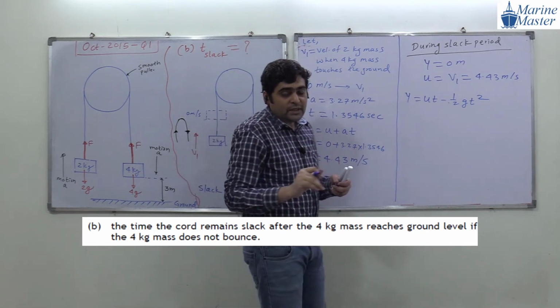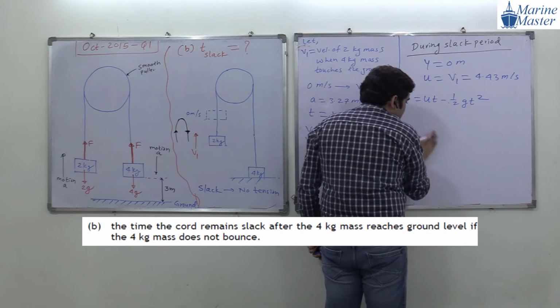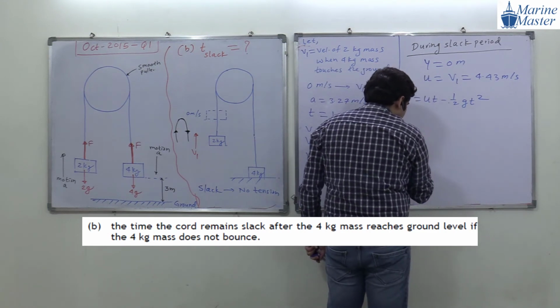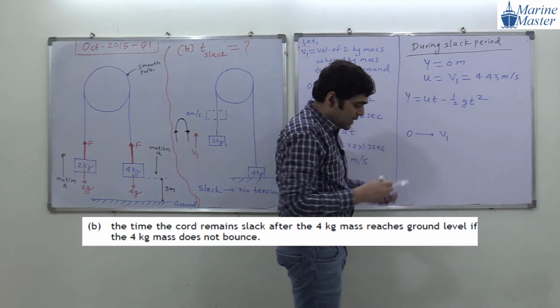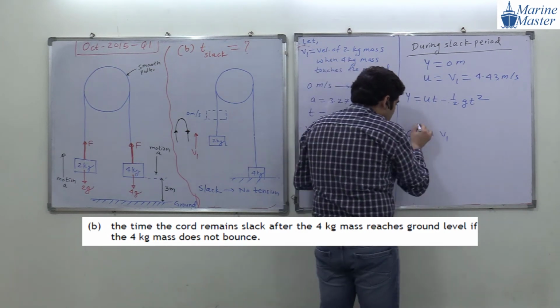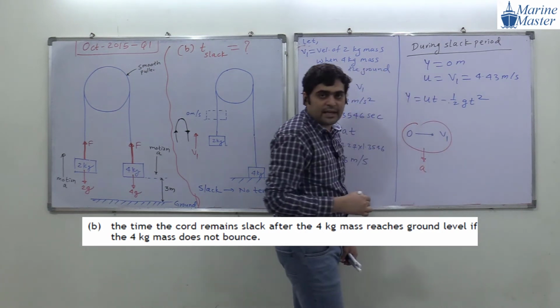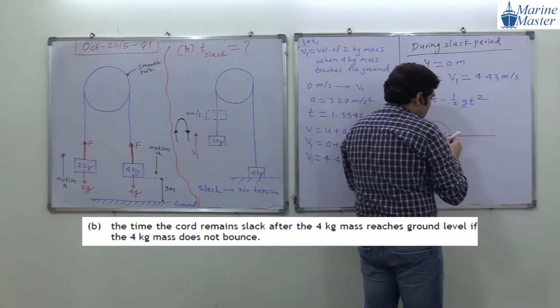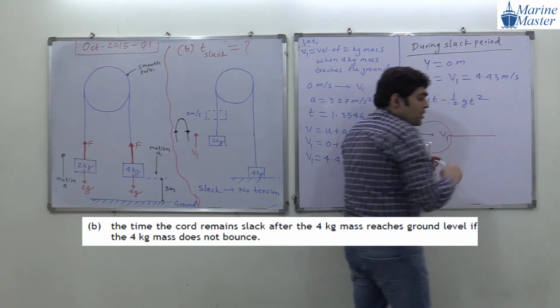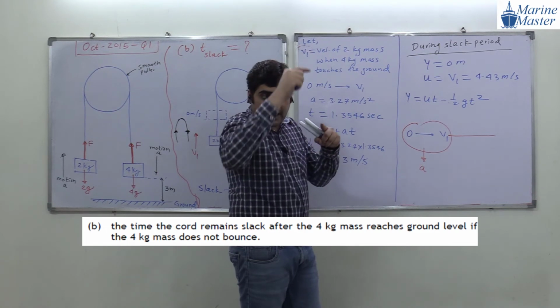See, there are two scenarios. In one scenario, our 2 kg mass starts from rest and achieves a velocity v1, going from 0 to v1 with acceleration a. In the second scenario, it is going up and again coming back.